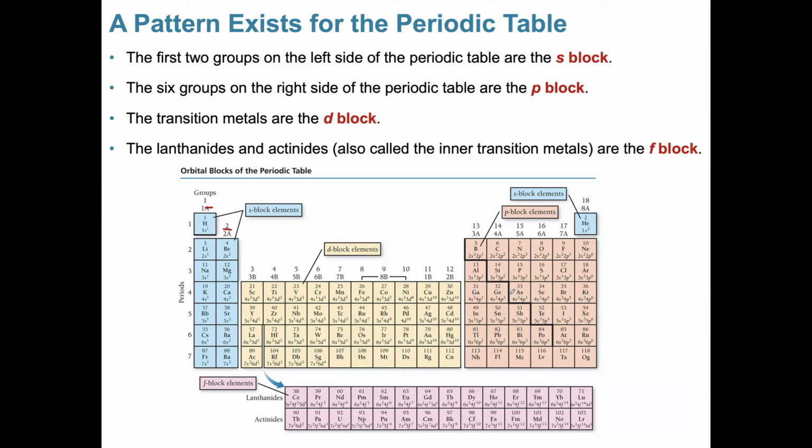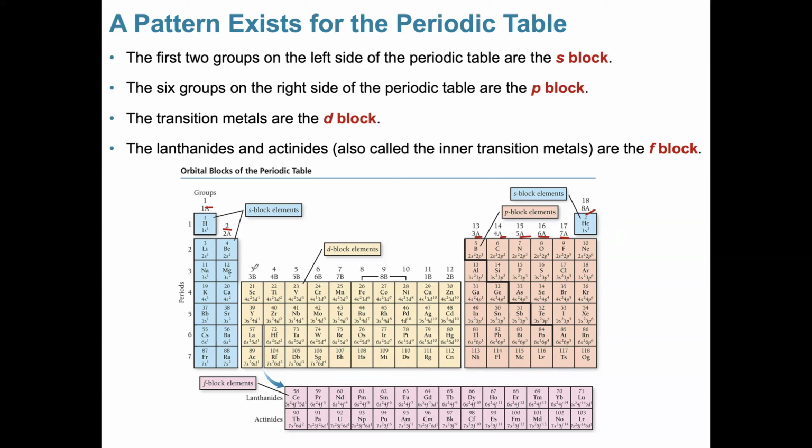Now the six groups on the right side, groups 3A, 4A, 5A, 6A, 7A, and 8A, are the p block, although helium is an exception. Helium only has 2 electrons, so it's 1s2. It's an s block element, but the other ones are p block.